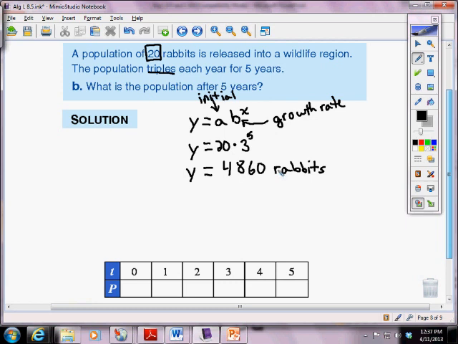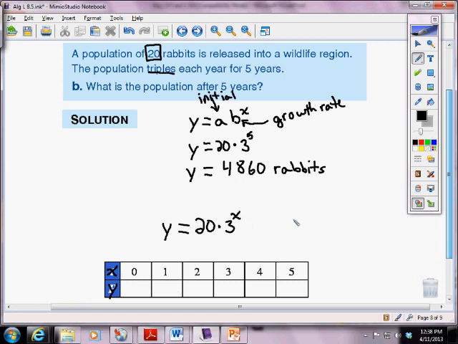There are some ideas of where it hits the y-axis and everything, but really you have to make an input-output table. So again, if we're going to use our formula here, y equals 20 times 3 raised to the x, because that's the initial amount of rabbits and our growth rate. They're actually using p and t down here. That's all right. We'll use x and y.